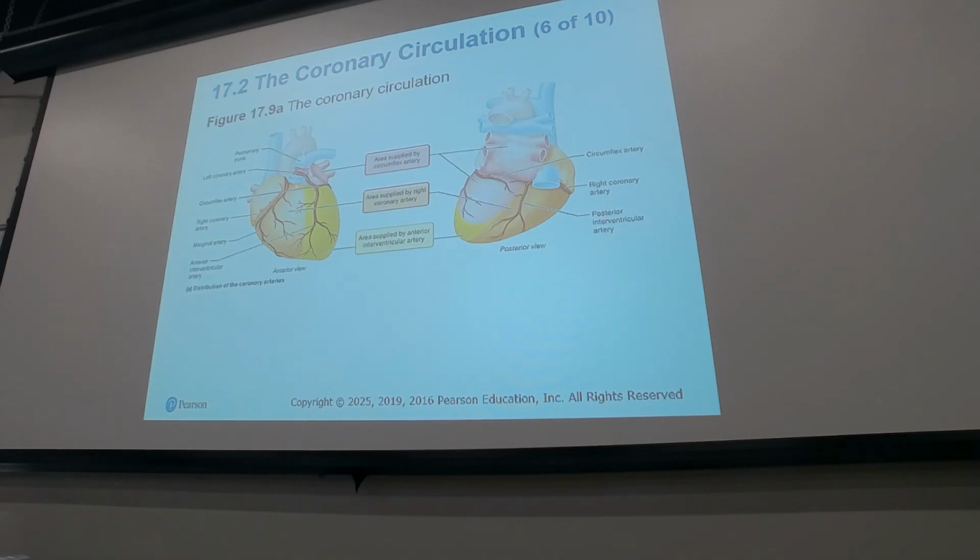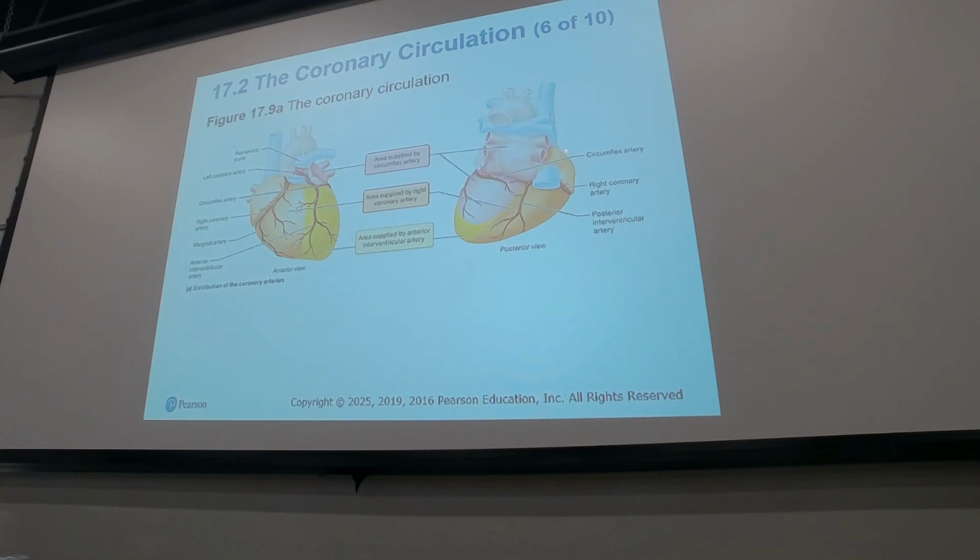So here is the coronary circulation then. Here we have the right coronary artery. This is the marginal artery running here on the right side of the right ventricle. So this is the area that is supplied by this right coronary artery in this color. And then in this yellow color, we have this area supplied by the anterior interventricular artery: all of the left ventricle anteriorly and part inferiorly, while the circumflex supplies the left atrium and the posterior part of the left ventricle.